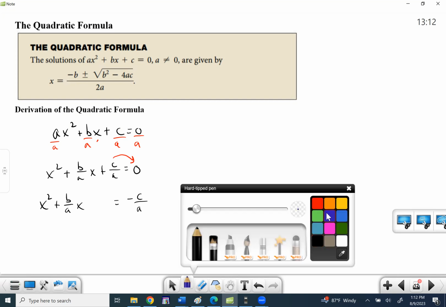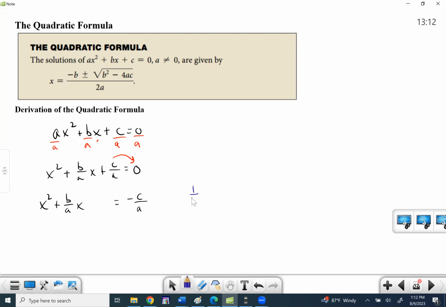Step 3 is to use the formula where we take half of B and square it. So B in our case is going to be B over A. That's our B. Kind of feels weird to say that, but hopefully you guys get it. All right, 1 times B is B, 2 times A is 2A. And we still have to square it.